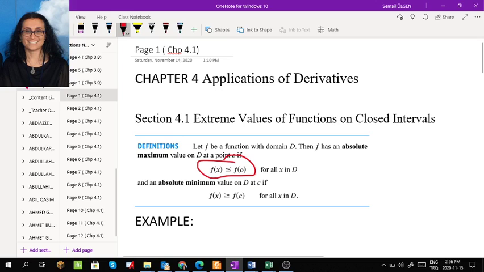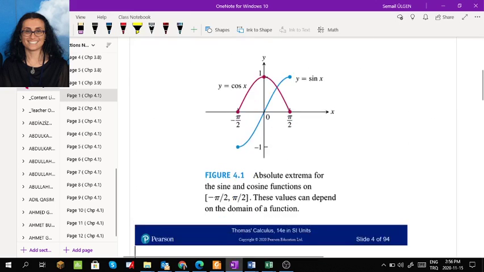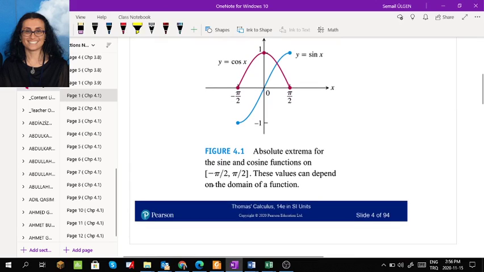That's how f of c becomes the absolute maximum. On the other hand, for the other one, f of c is the smallest of all the values it can take. That's mathematically how we explain it. Let's continue.